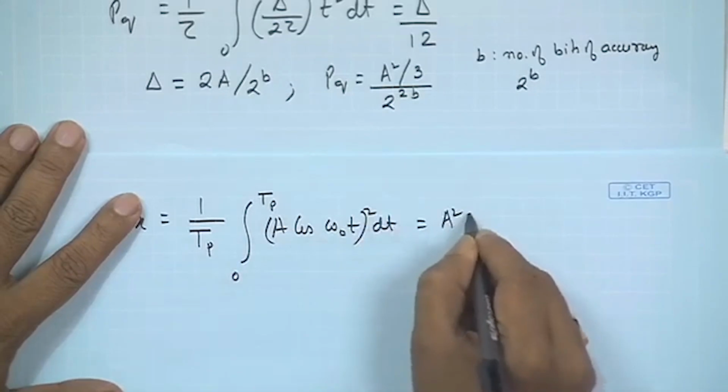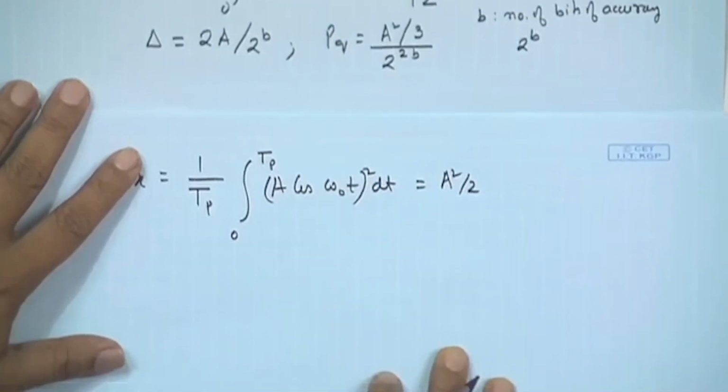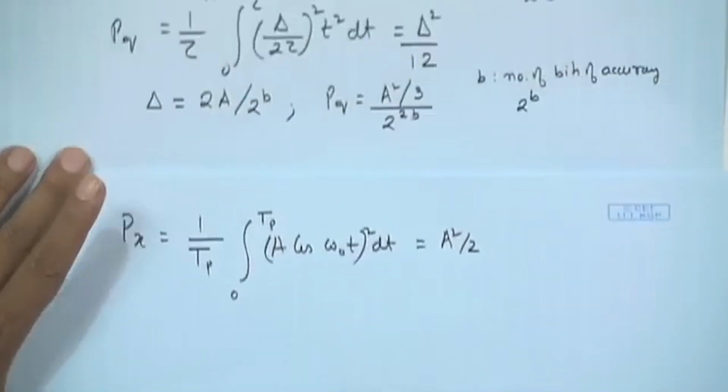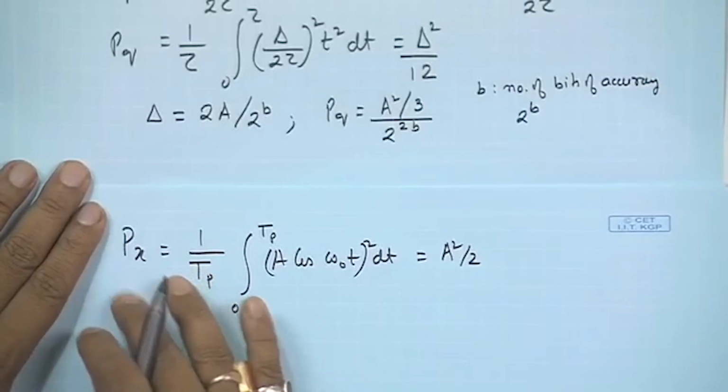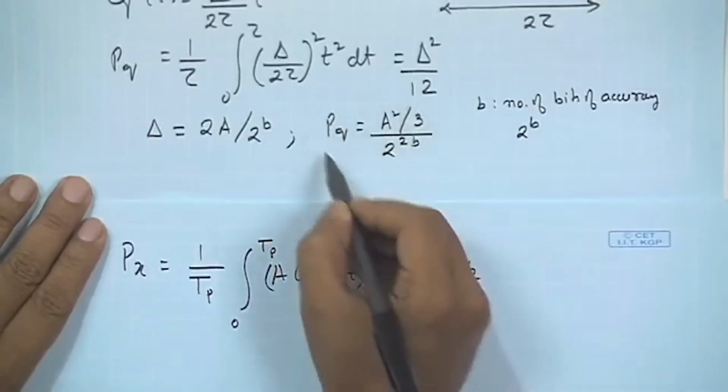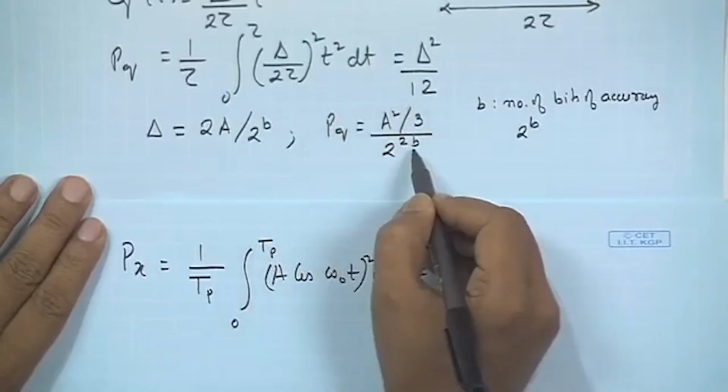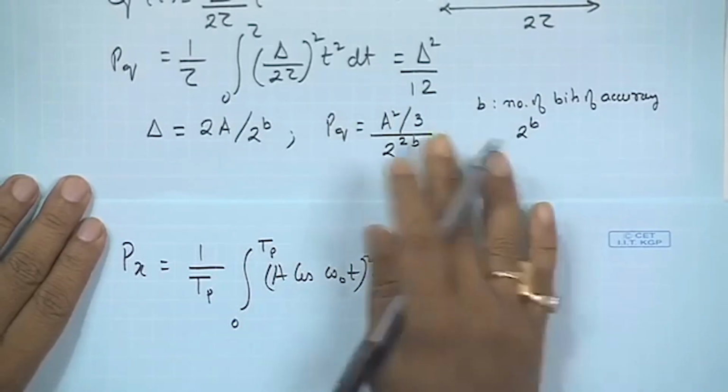This turns out to be a squared upon 2. So, this is the power of the signal, and this is the power of the error or the noise that is developed because of quantization.